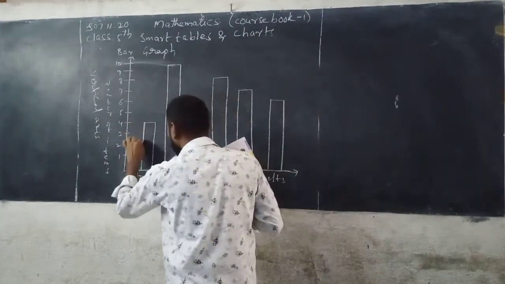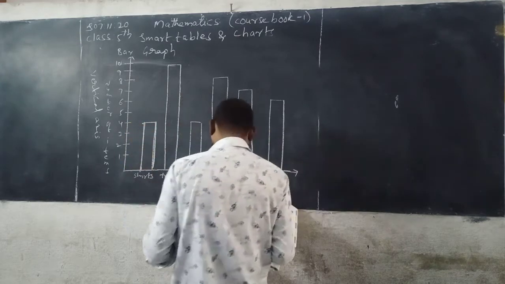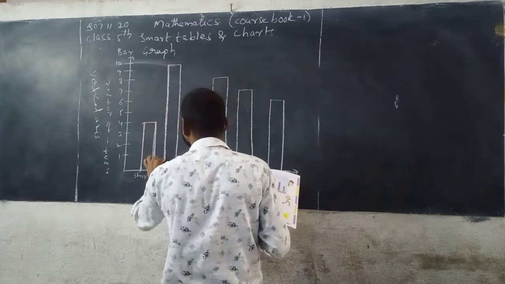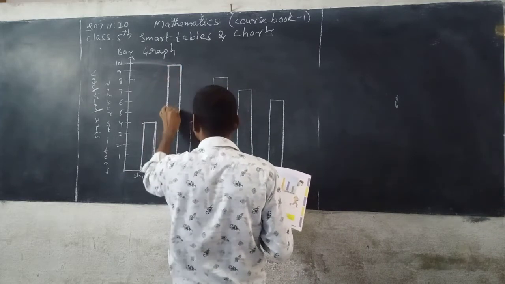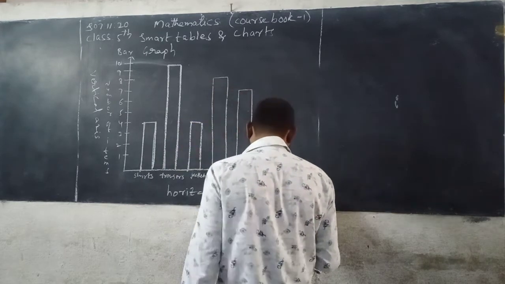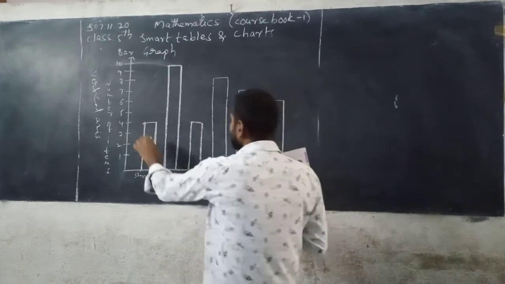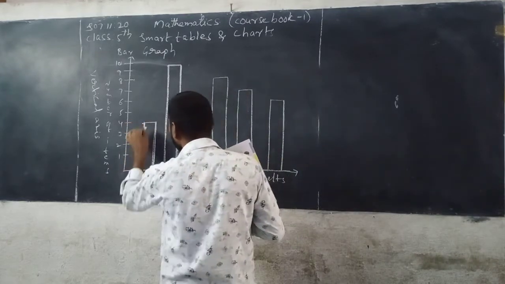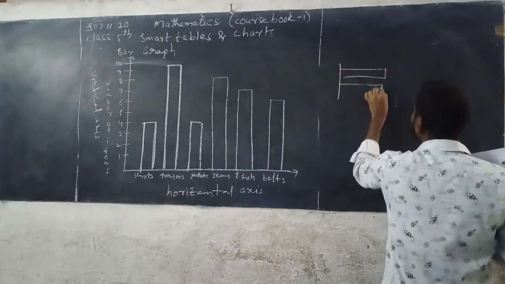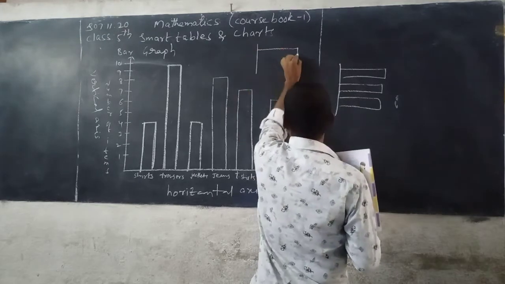So these are the bars. All bars are of uniform width. See, uniform width. These are the bars. See here, bars can be drawn horizontally or vertically. So these bars are drawn vertically. Horizontal means like this one. So this is horizontal.